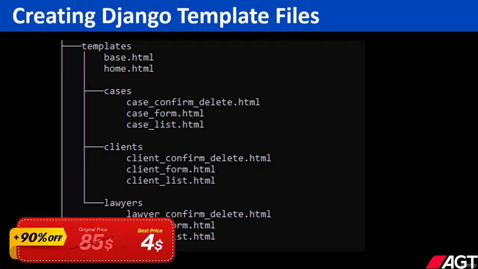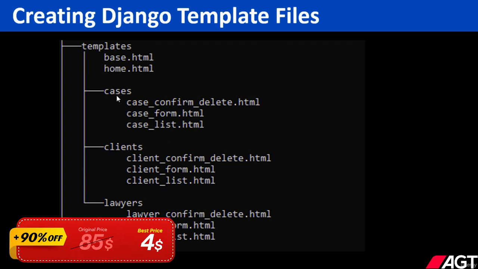So I'm going to create a templates directory inside my Django app. And then inside that templates directory, I'm going to create a base.html template and a home.html template. Inside the templates directory, I'm going to create a subdirectory called cases.